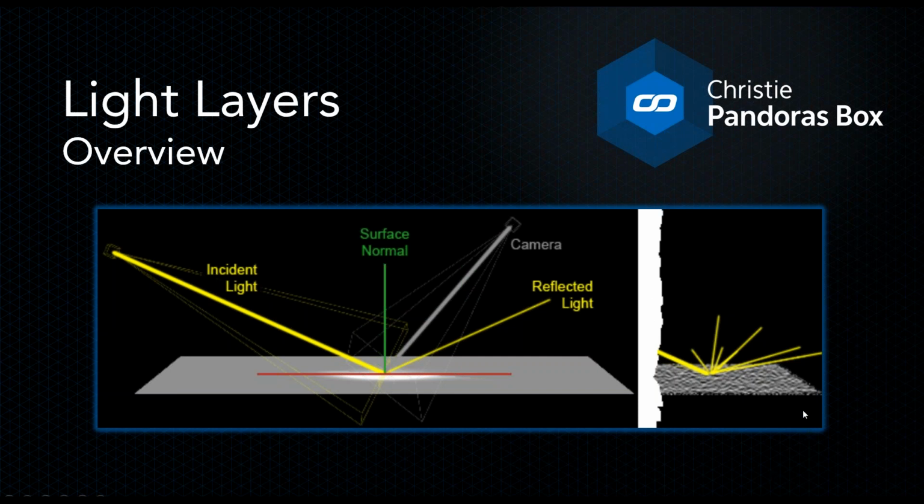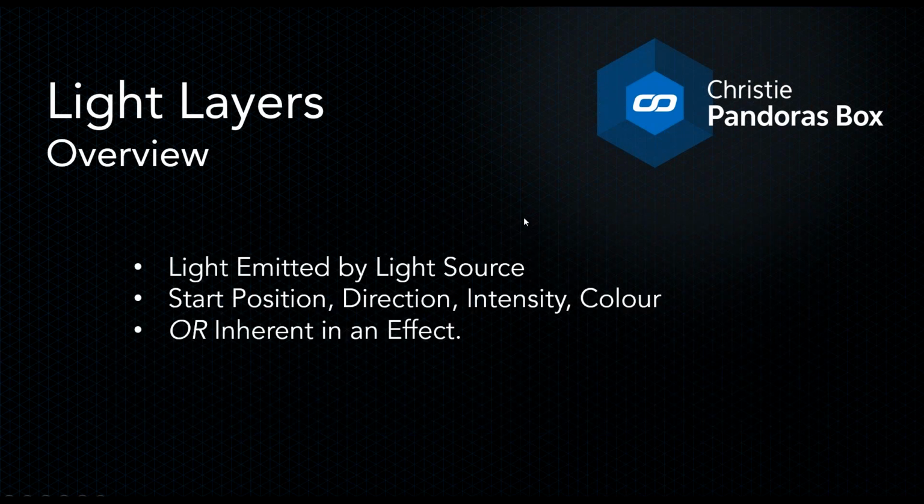How the light is reflected depends on the surface, what the material is, what the light is, and so on. That happens the same in Pandora's Box. The light is emitted by a light source. It has a start position, a direction, intensity, and color, and that's the default in Pandora's Box.